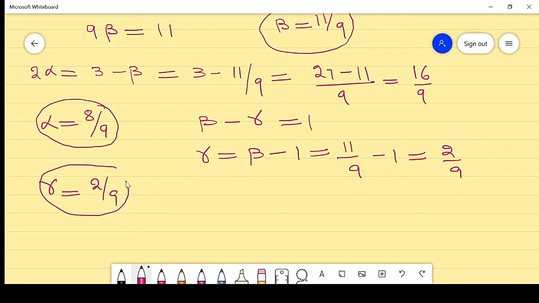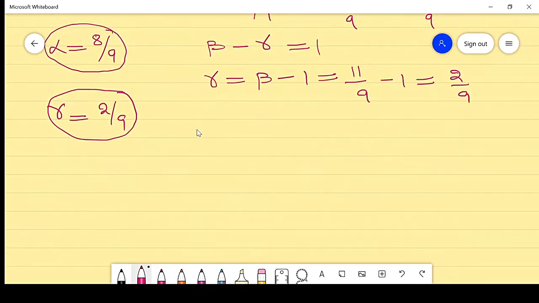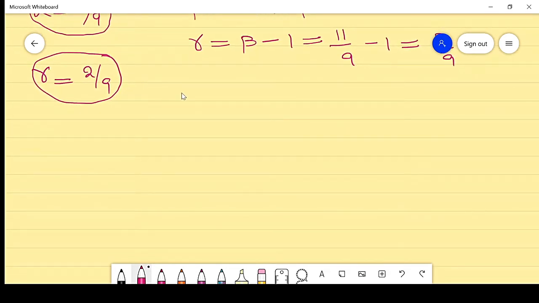So from these three equations, we get the values of alpha, beta and gamma. So the given equation can be written as V vector equal to alpha V1 plus beta V2 plus gamma V3.